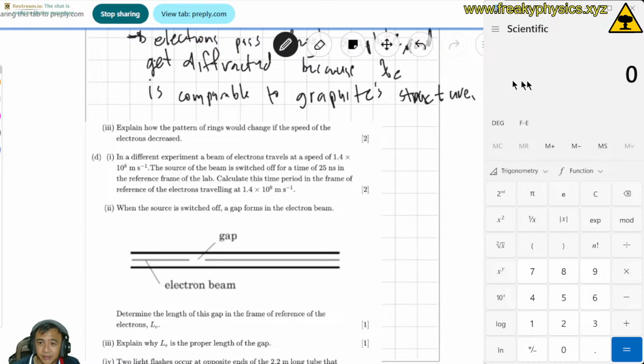What's the de Broglie wavelength? Let's take a look, something I haven't memorized. It's been a while. De Broglie wavelength, okay, there.